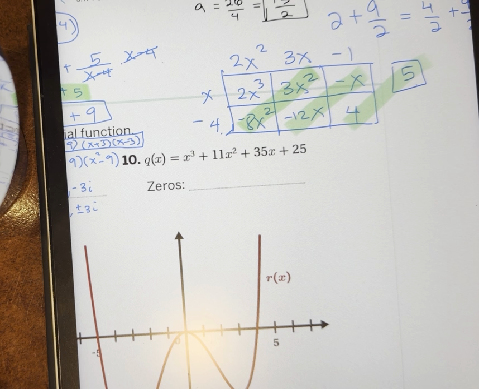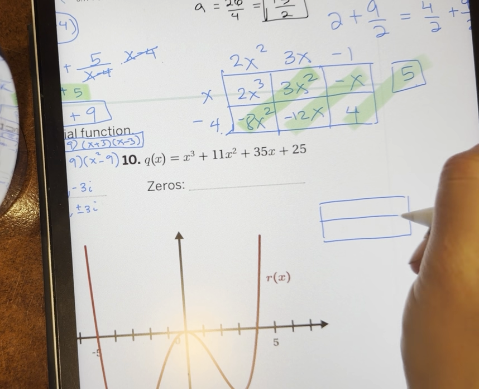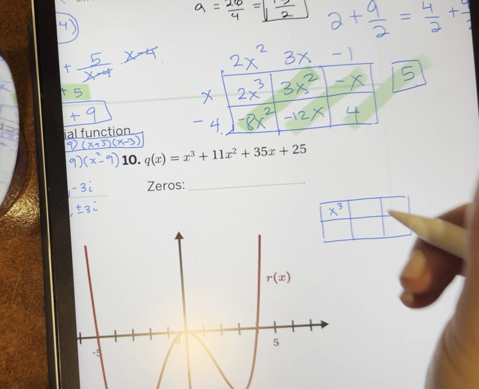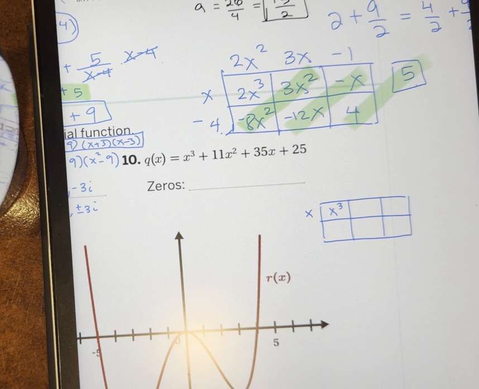You actually don't have to guess and check completely blind, because understand that if we go to the box with x cubed and some factor, x and something, okay?